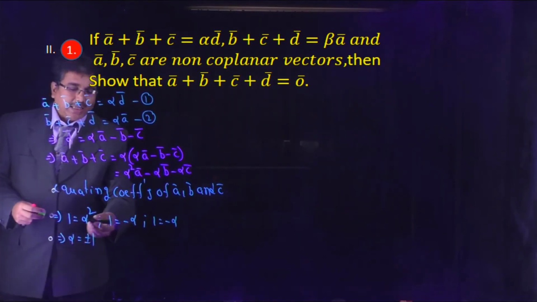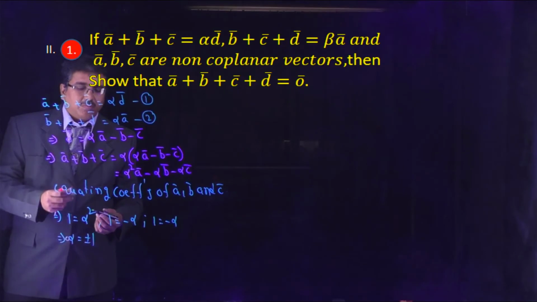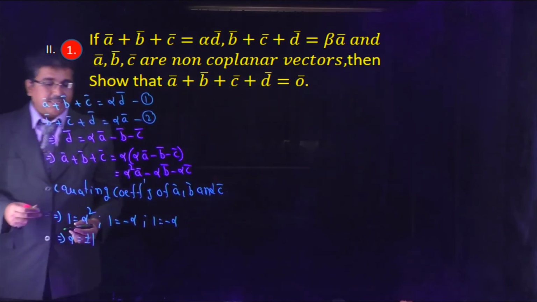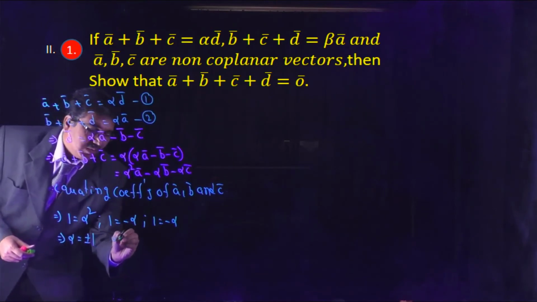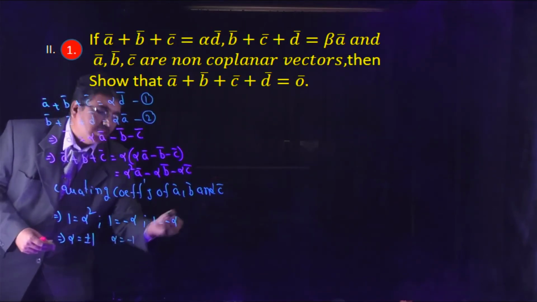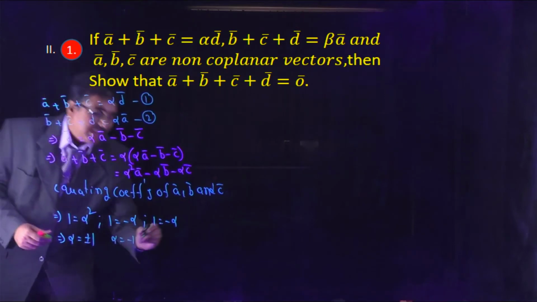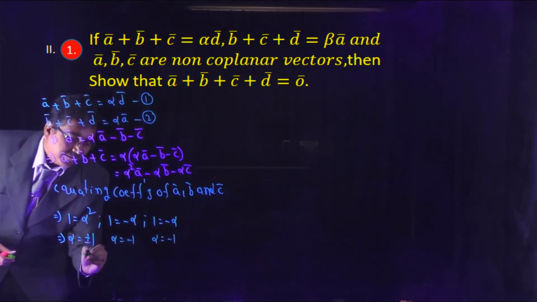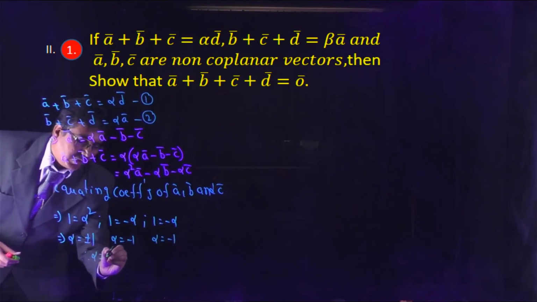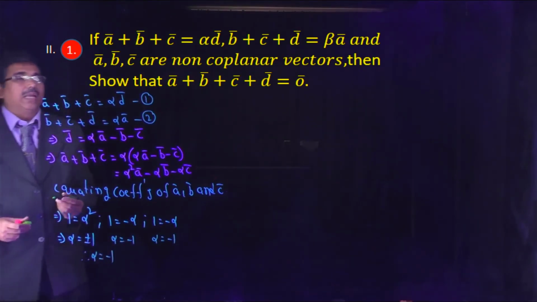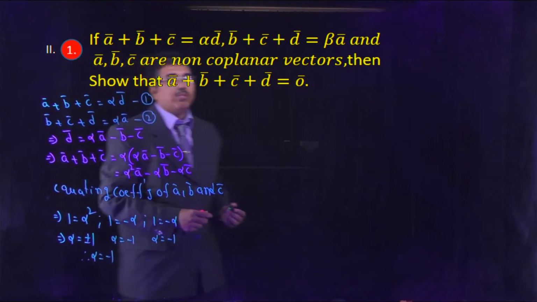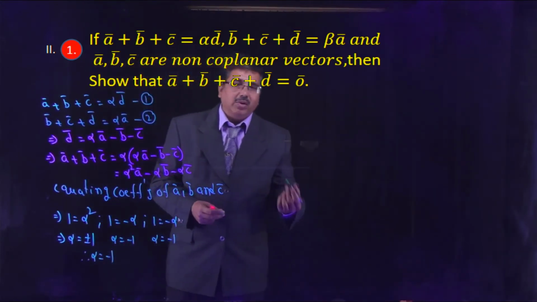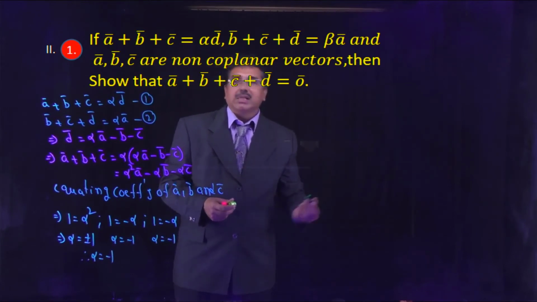Taking alpha equal to minus 1, that is common to the three equations. Finally, alpha is equal to minus 1. Put alpha equal to minus 1 in either equation 1 or equation 2.